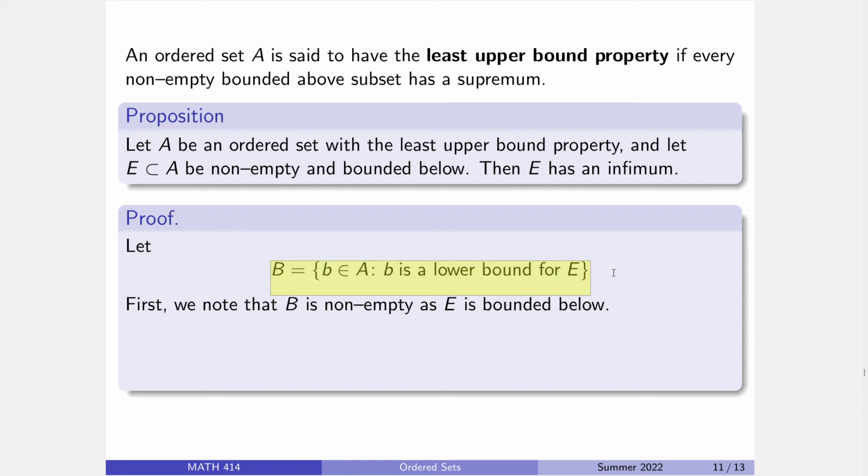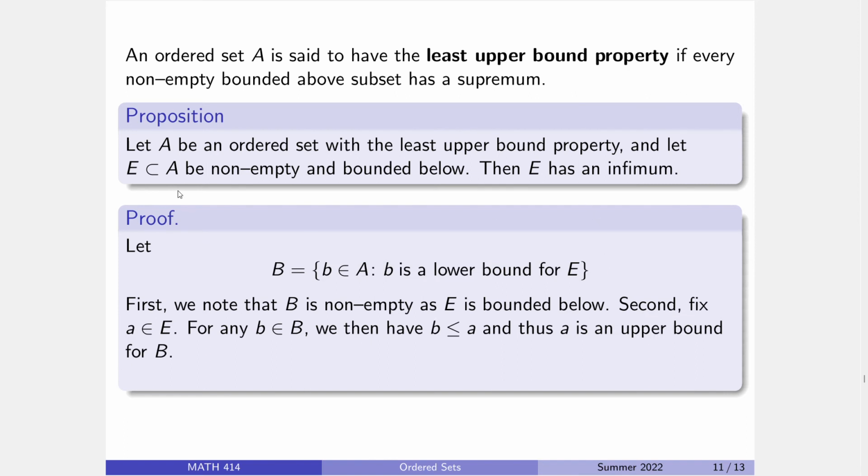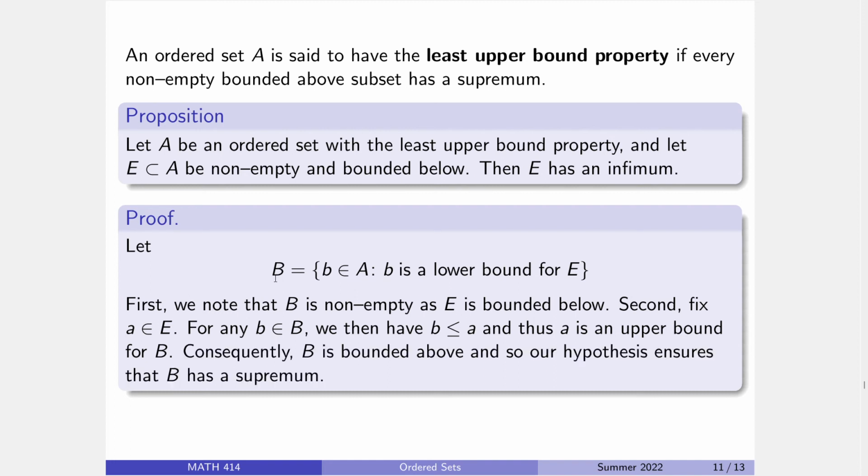And now, since E itself is non-empty, we can fix an element A. Note that anything that lives in B, since B is the set of lower bounds, has to be less than or equal to A, so that means A is actually an upper bound for B. So B is a non-empty, bounded above set, so it must have a supremum.